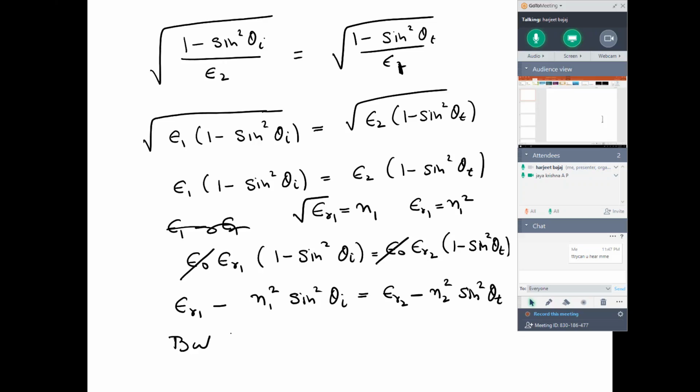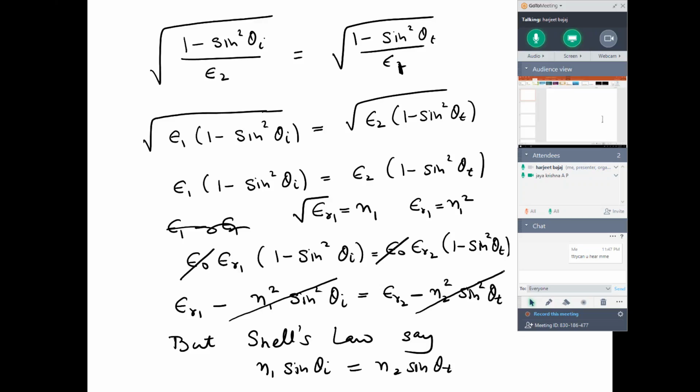But Snell's law says n₁ sin θᵢ is equal to n₂ sin θₜ. So these terms are equal and they can cancel out, which is telling me εᵣ₁ should be equal to εᵣ₂, which is not true.